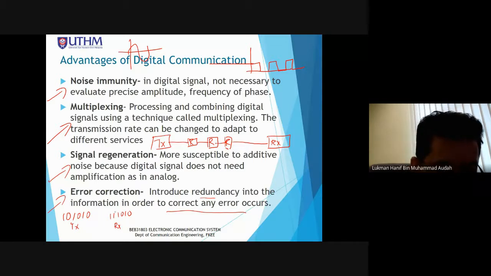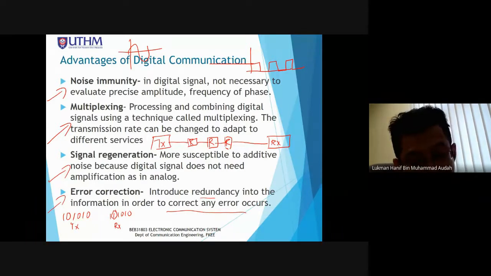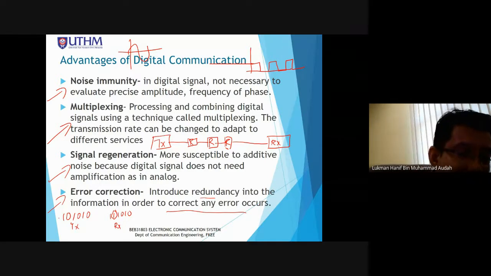So error adalah yang ini. Contoh maknanya ada berlaku satu bit error. So dalam digital system actually we can detect this kind of error. Kita boleh buat detection. Macam mana nak buat detection? Dalam transmitter, kalau you lihat nanti dalam dia akan tambah satu atau lebih redundancy bit.